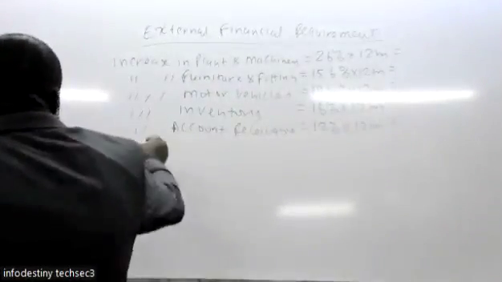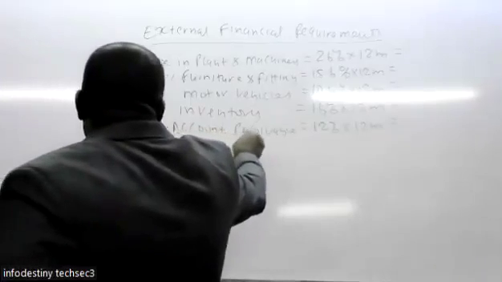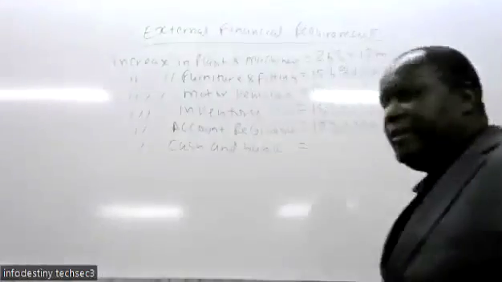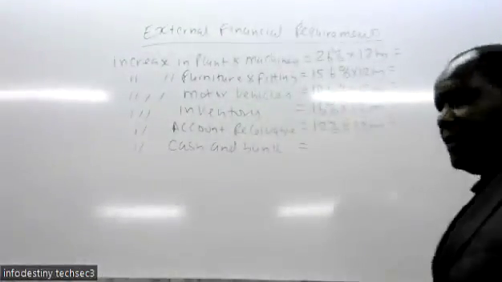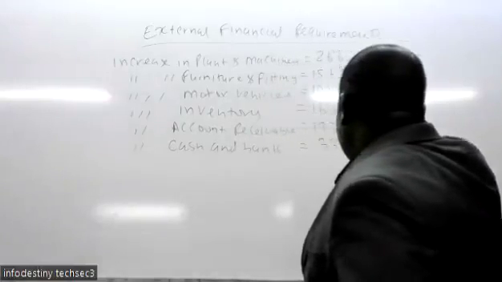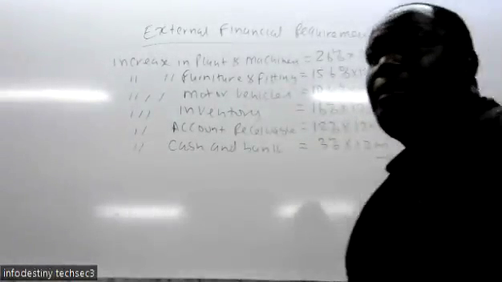Then the last one there is cash and bank. Increase in cash and bank. So this one was which percent? 3% of 12 millions.